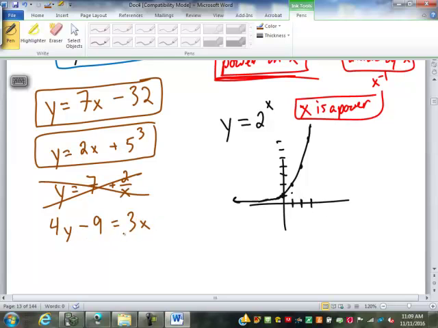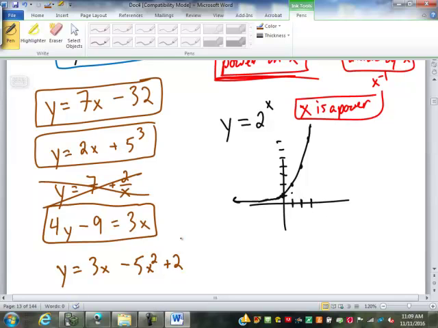Neither variable is a power. Not dividing by either variable. That's going to be a line. How about this one? There's a squared on the x, isn't there? That will not be a line.